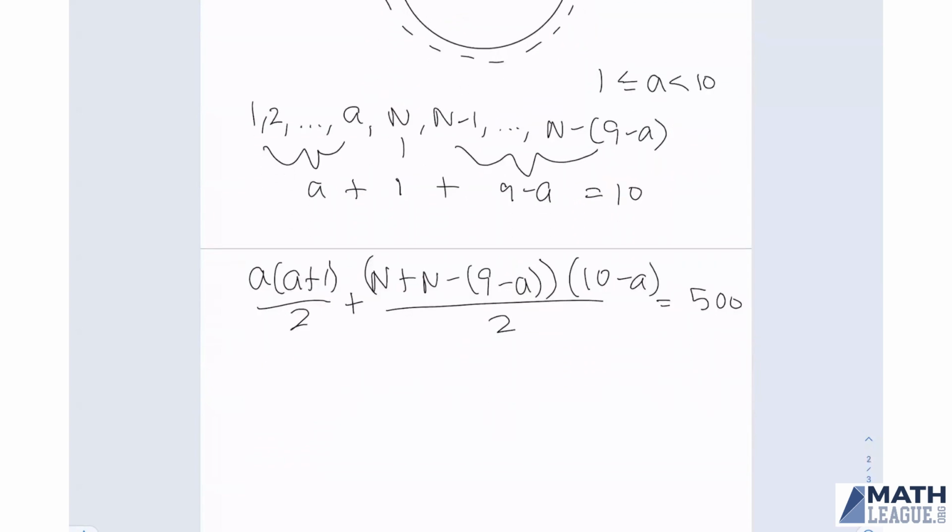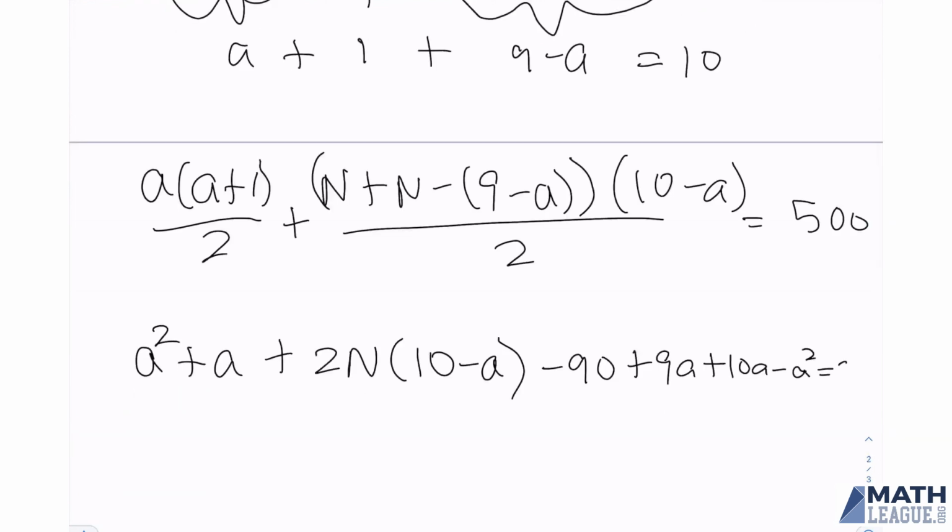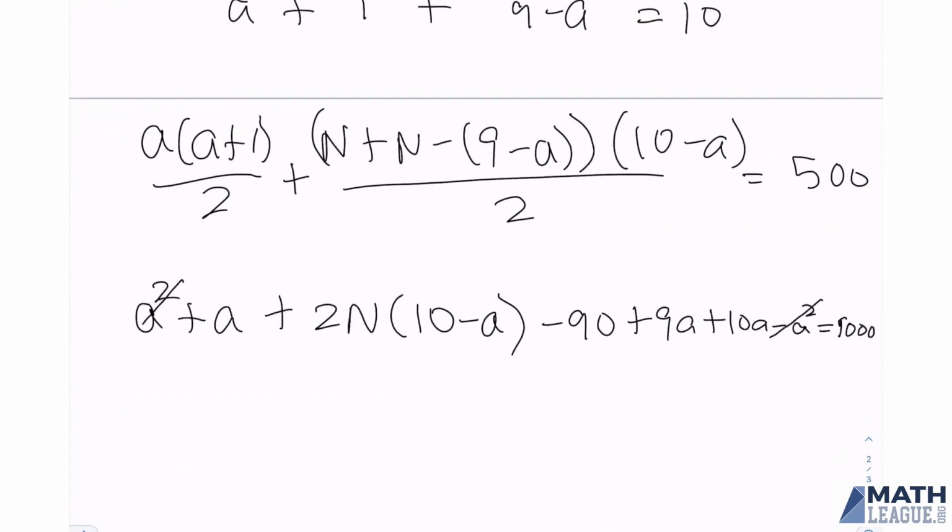So we can simplify this by expanding. So we have a squared plus a plus 2n times 10 minus a minus 90 plus 9a plus 10a minus a squared is equal to 1,000. And so the a squared here cancels out.